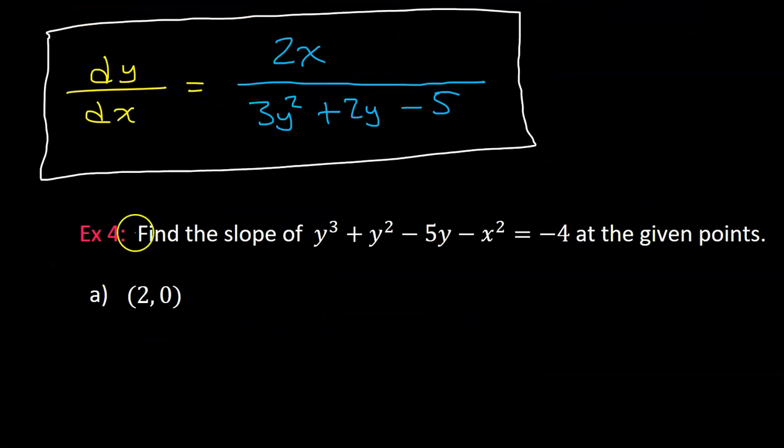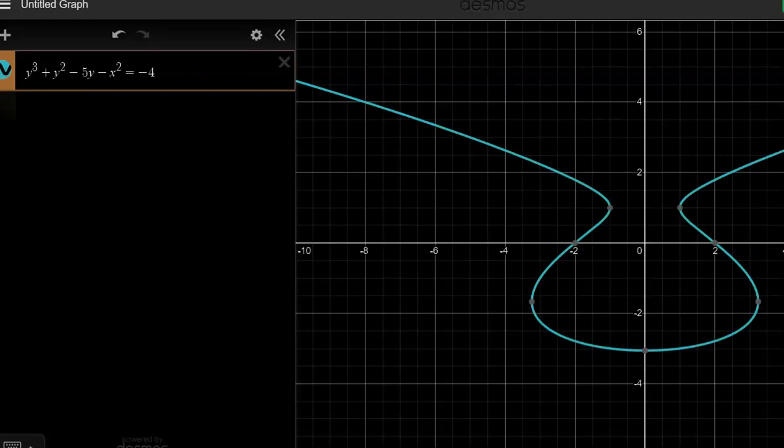Example 4 is just going to be an extension of example 3. Let's go ahead and take that same equation and find the slope of the curve at a couple of points. Let's start with the point (2, 0). Here's a quick glance at what the curve actually looks like, this crazy looking graph.